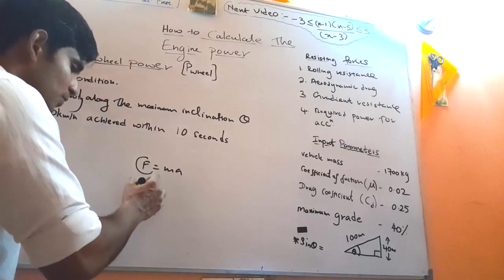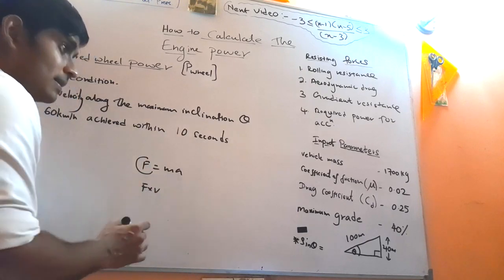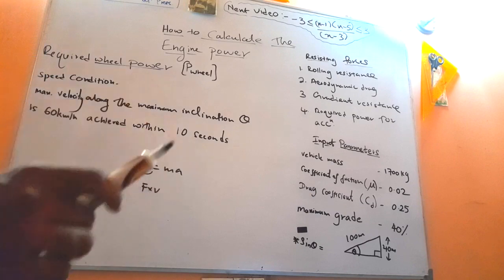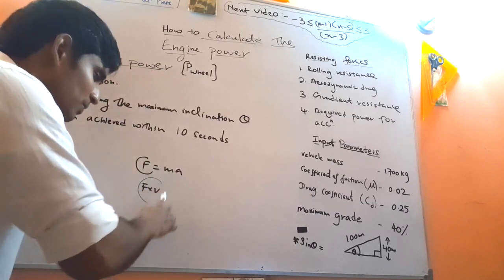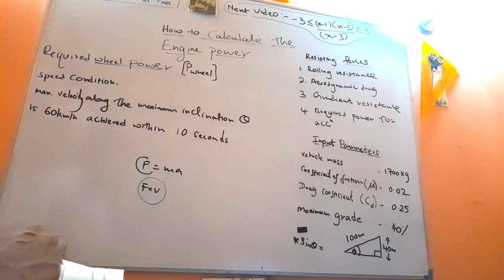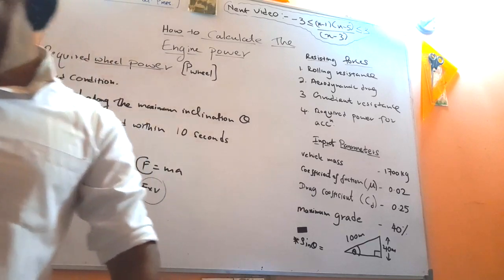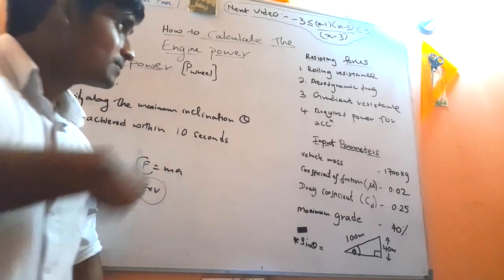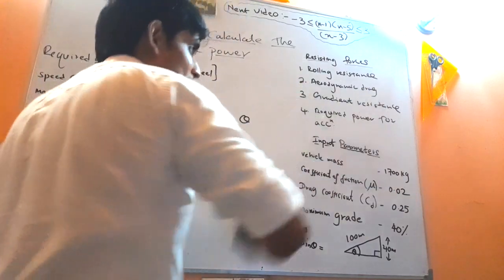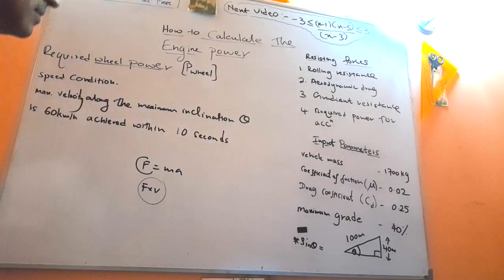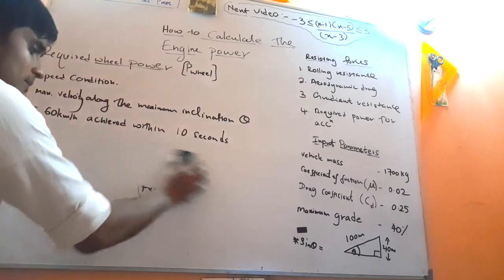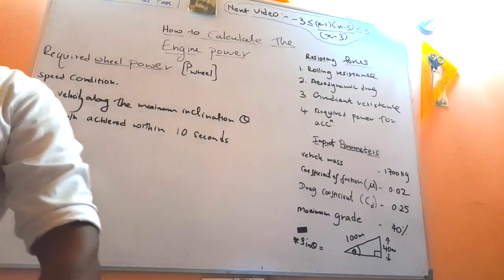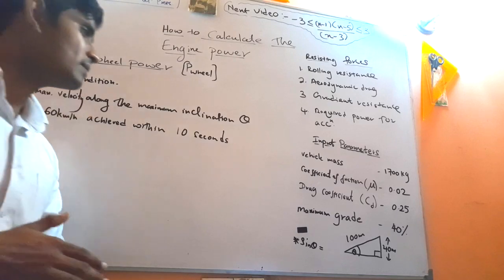Power is force multiplied by velocity. But if you use this formula to calculate the required power to overcome the acceleration, then your calculation is wrong. That is actually not the way, and I will explain that.